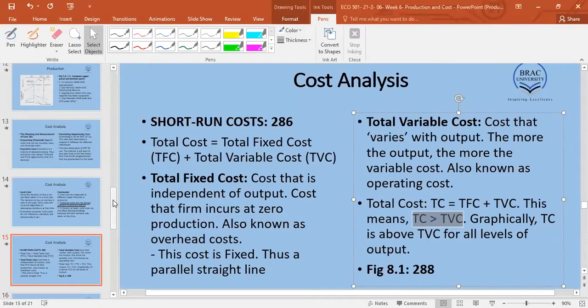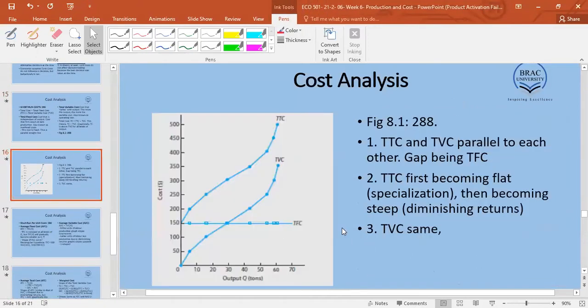That makes sense, right? Yes, sir. See, total cost is always above total variable cost. So we can say that total cost is greater than total variable cost. This is the total fixed cost. And what is the gap between these two? The fixed cost.